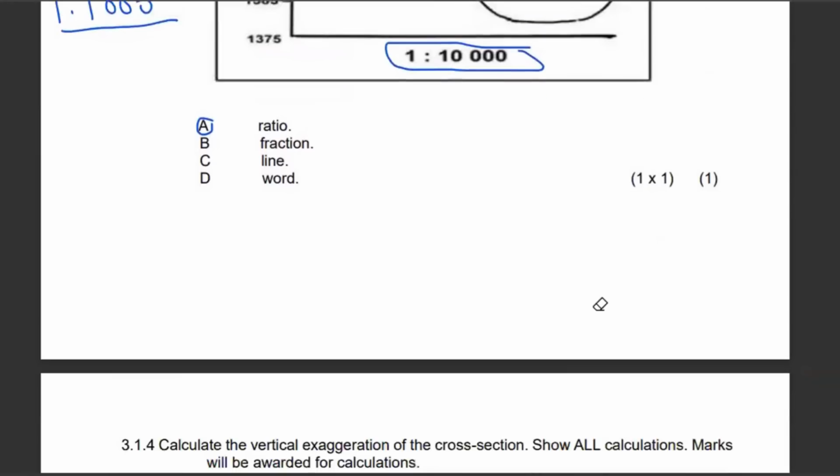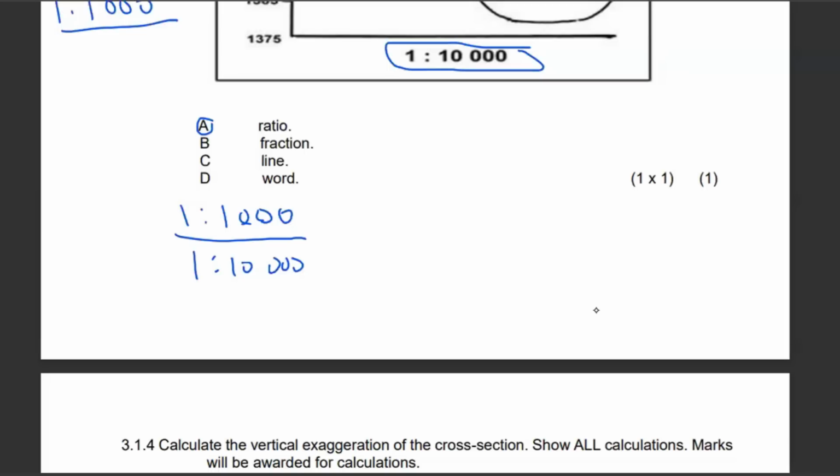Our vertical scale is 1:1000, divided by the horizontal scale, 1:10,000.